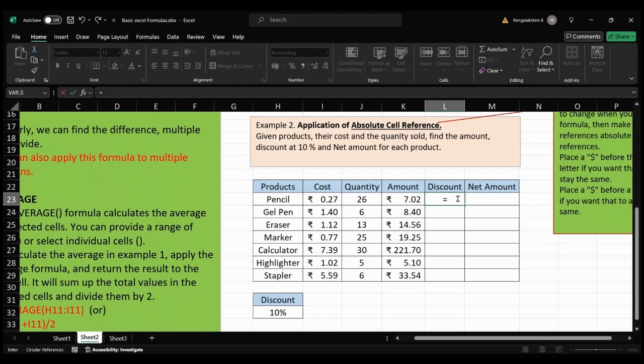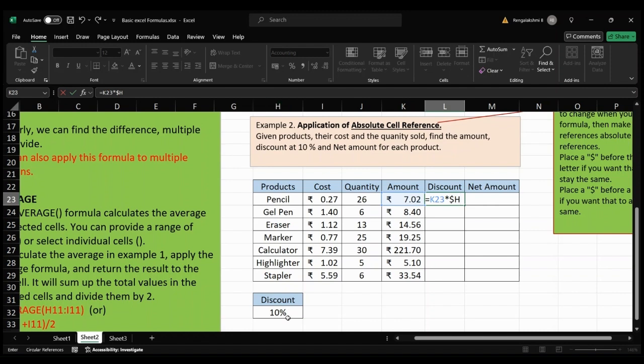Here I'll just put equal to and this amount. Now into here we have to put the $ sign in front of H, because the 10% is written in this cell, H32.